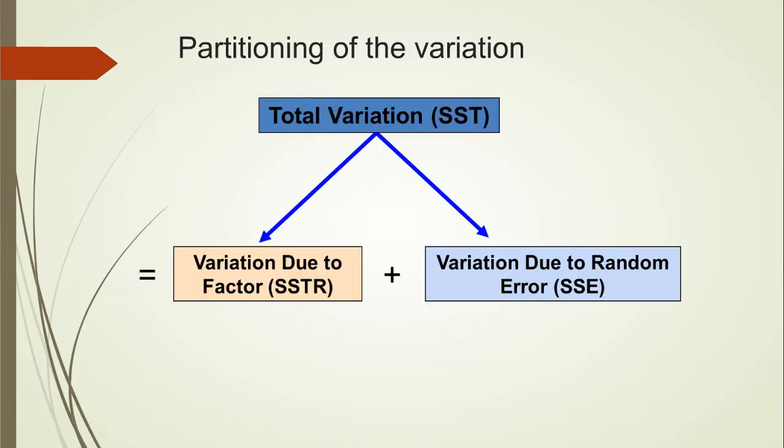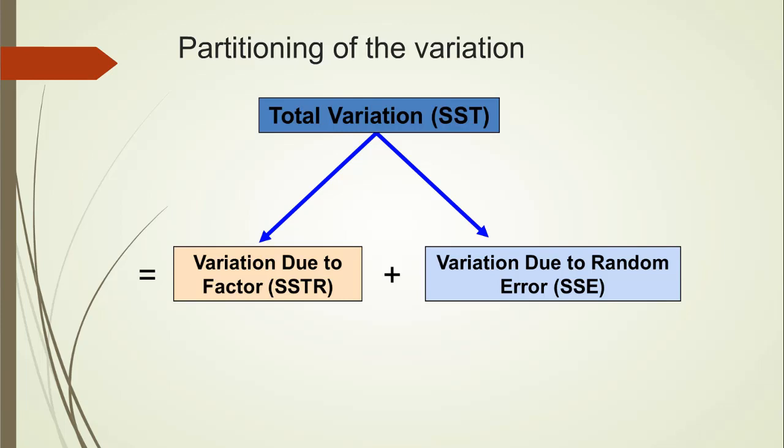The term analysis of variance implies that we would have to focus on the variance. We divide all the variation present in the dependent variable, that is the satisfaction scores of passengers, into two parts: variation due to factor, and variation due to random error. The total variation is generally denoted using SST, meaning total sum of squares.